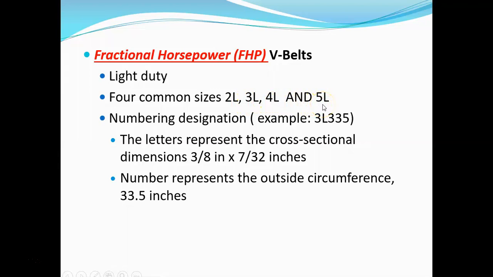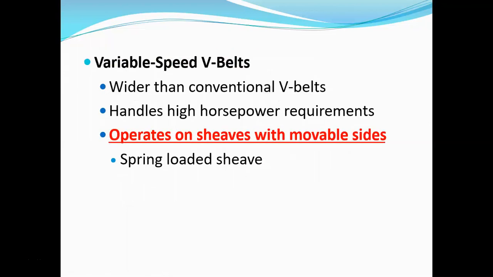So if you see an L in that, it's going to be a light duty fractional horsepower belt. So our sizing for the example is a 3L335. There's a hidden decimal place there. So it's going to be 33.5 inches. So these sizings are like the narrow groove V-belts. They come in half sizes.